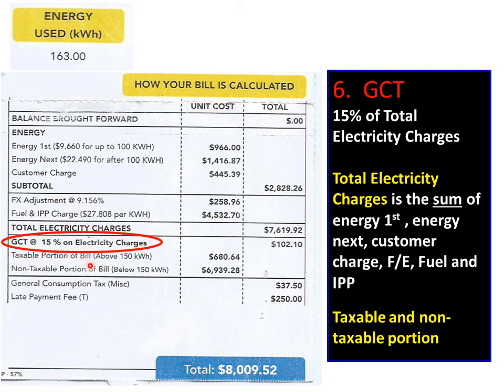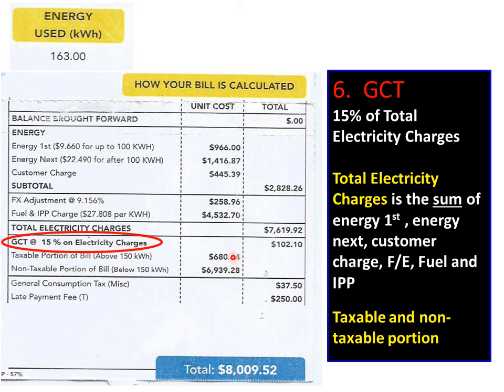So I won't bore you with all the details of how they calculate that value. But the taxable portion of the bill is this amount, which is $680.64. And the non-taxable portion of the bill is $6,939.28. So this amount will not be taxed.